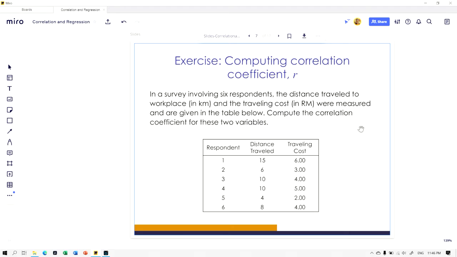Compute the correlation coefficient for these two. So we have two quantitative variables, distance travel and travelling cost, and their values were obtained for a sample of 6 respondents.